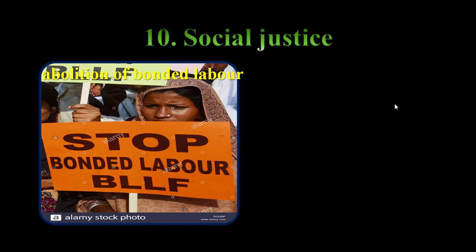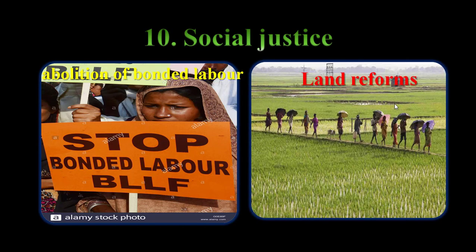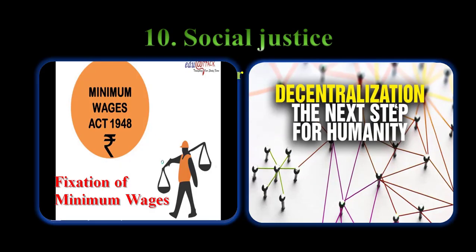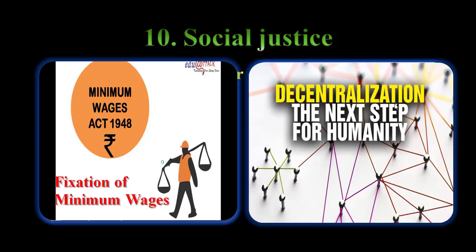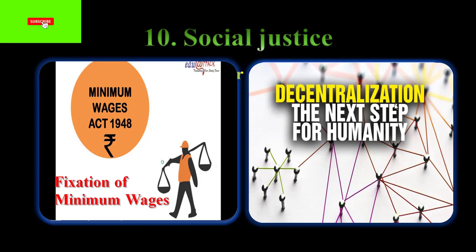Measures like land reforms, abolition of bonded labor, liquidation of rural indebtedness, fixation of minimum wages, provision of basic minimum needs and reduction of concentration of power and economic disparities have contributed towards achieving social justice.